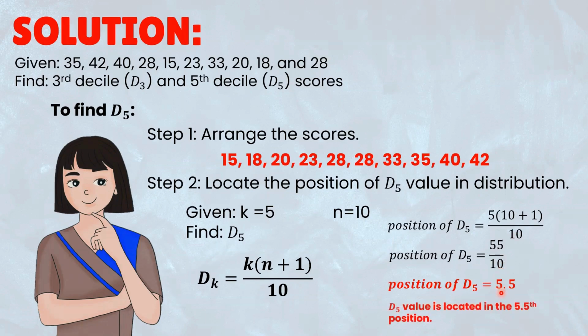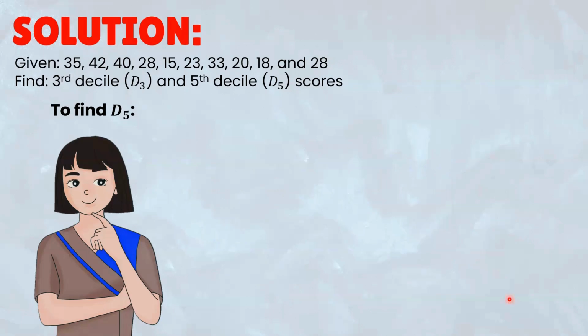Now, decile 5 value is located in the 5.5th position. So, since our answer in step 2 is a decimal number, which is 5.5, we have to proceed to step 3, which is interpolation.